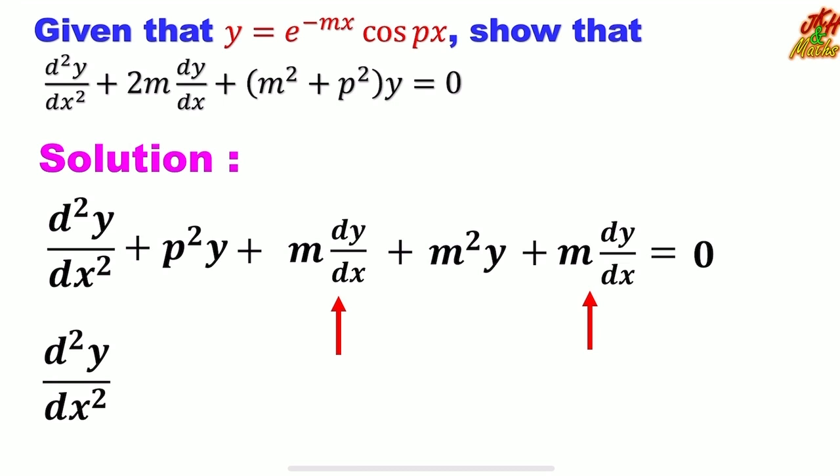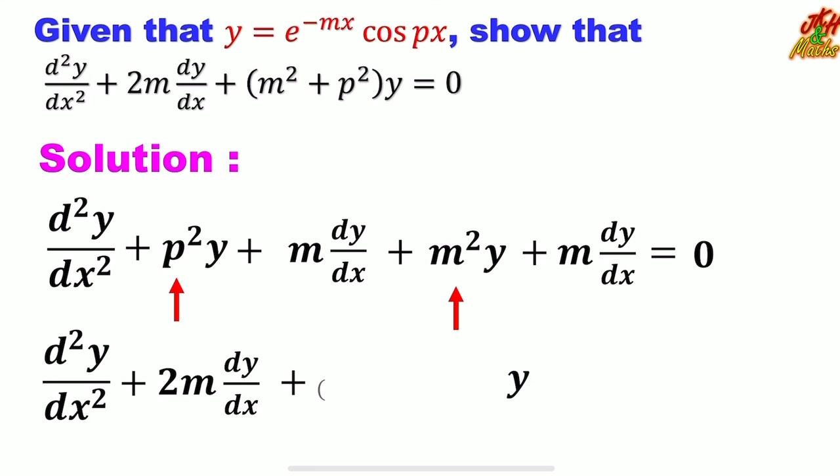So m dy/dx plus m dy/dx is equal to positive 2m dy/dx. Now let me observe the second term and the fourth term on the left hand side. They have a common factor, which is a positive y. So we take out a positive y first, and then we put in the bracket p square plus m square.